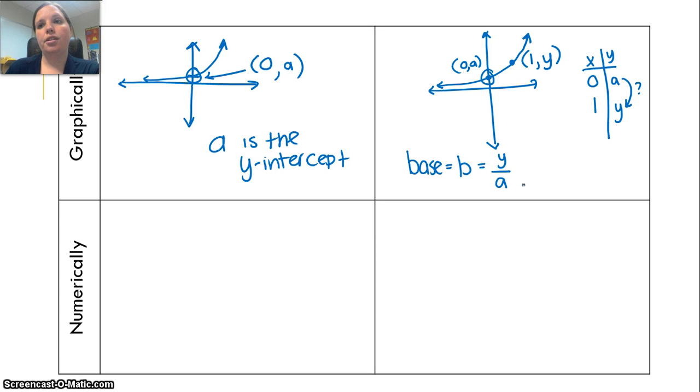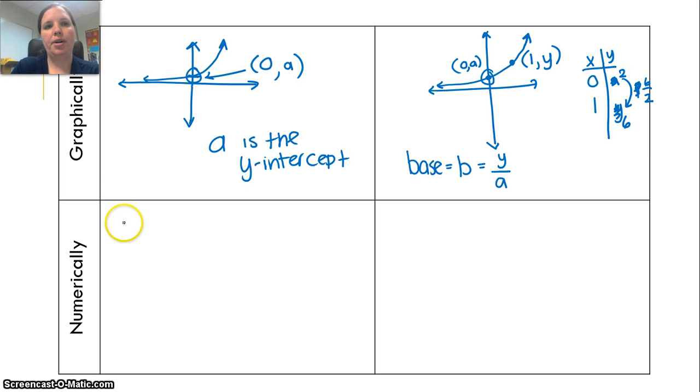That would tell me what I needed to multiply by. So if, for instance, this was 2 and this was 6, I could tell what the change was by doing 6 divided by 2, so times 3. You don't necessarily need to write out those numbers. I would just keep it as the variables there, but you can see where that comes from.